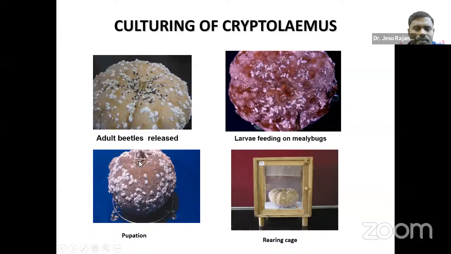So all of them will come out, you see here, the Cryptolaemus will spread, and now there is no mealybug. Whatever you are seeing is Cryptolaemus only. The Cryptolaemus grub stage looks like mealybug only. One pumpkin means almost 300 to 400 Cryptolaemus adults will emerge from a single pumpkin.